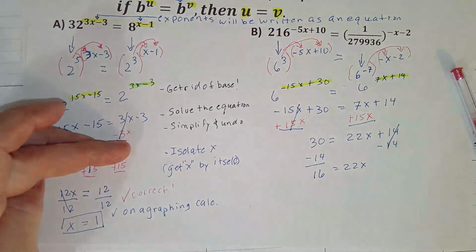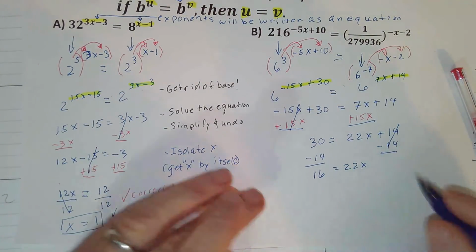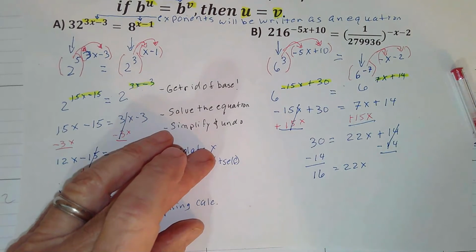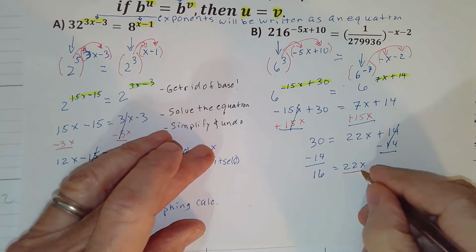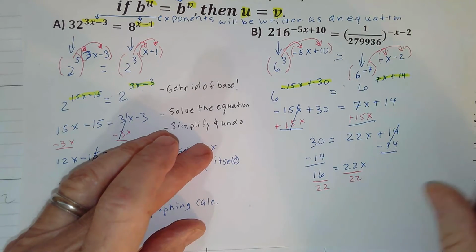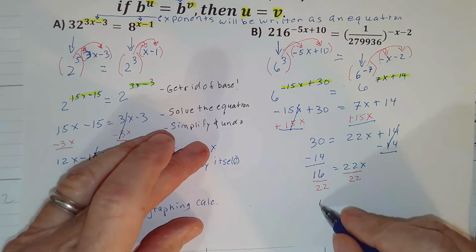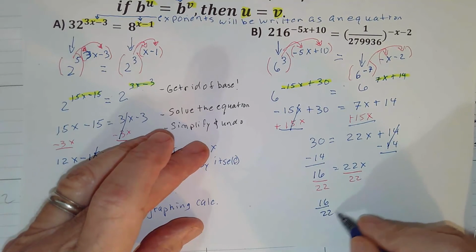And the 14 and negative 14 disappear. They're eliminated. So 16 equals 22x, and now I want to get the x by itself, so I'm going to divide both sides by 22. So I get a fraction, 16 divided by 22 equals x.